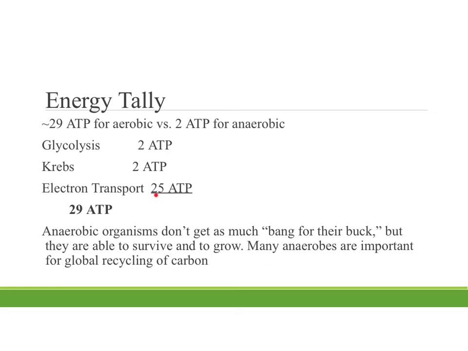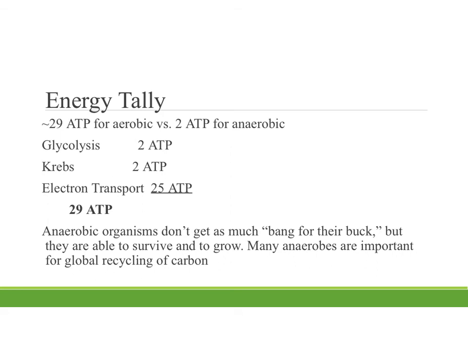Remember, this can go as high as 34, but we never get the perfect amount. Okay, so we'll get about 25. So 29 total for aerobic cellular respiration versus only 2 ATP for anaerobic, because anaerobic is only using the process of glycolysis. Okay, so anaerobic definitely don't get as much bang for their buck.